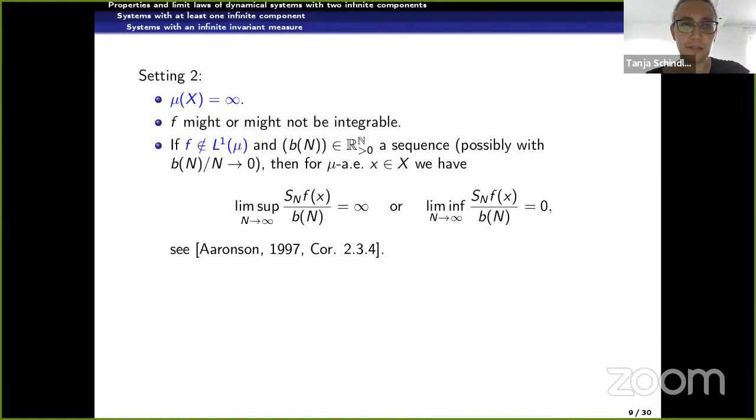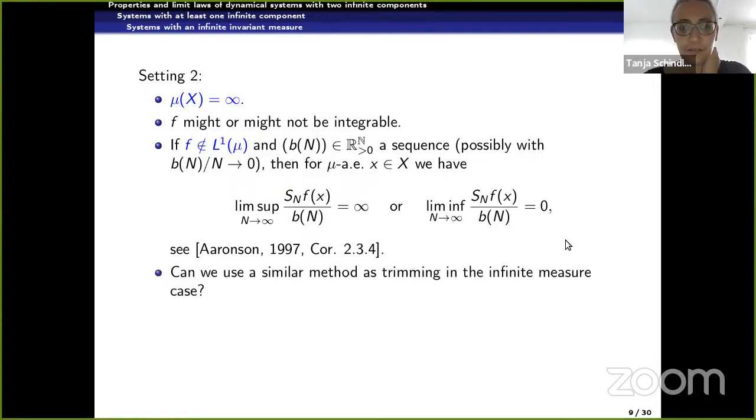But for example, if it's integrable, then again we are in a similar situation as we were before: if we have a norming sequence, then no matter how this norming sequence looks, we either infinitely often underestimate or overestimate the Birkhoff sum by this norming sequence.